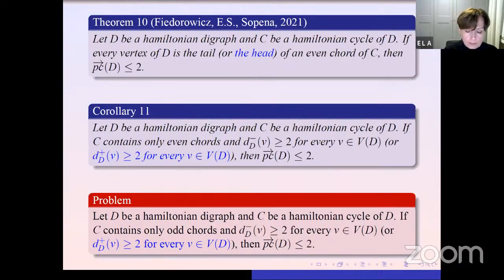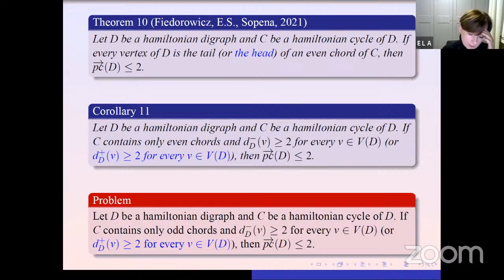And we prove that if D is a Hamiltonian digraph and C is a Hamiltonian cycle of this digraph, then if every vertex of D is a tail of an even chord, then the proper connection number is at most 2. And in this theorem we can replace the tail by the head. So if every vertex is a head of an even chord, then the proper connection number is at most 2.